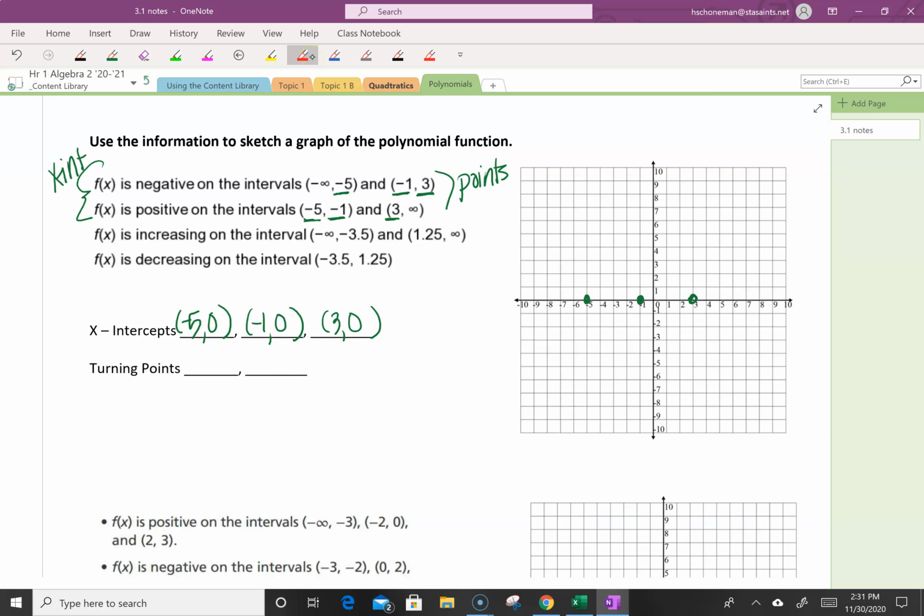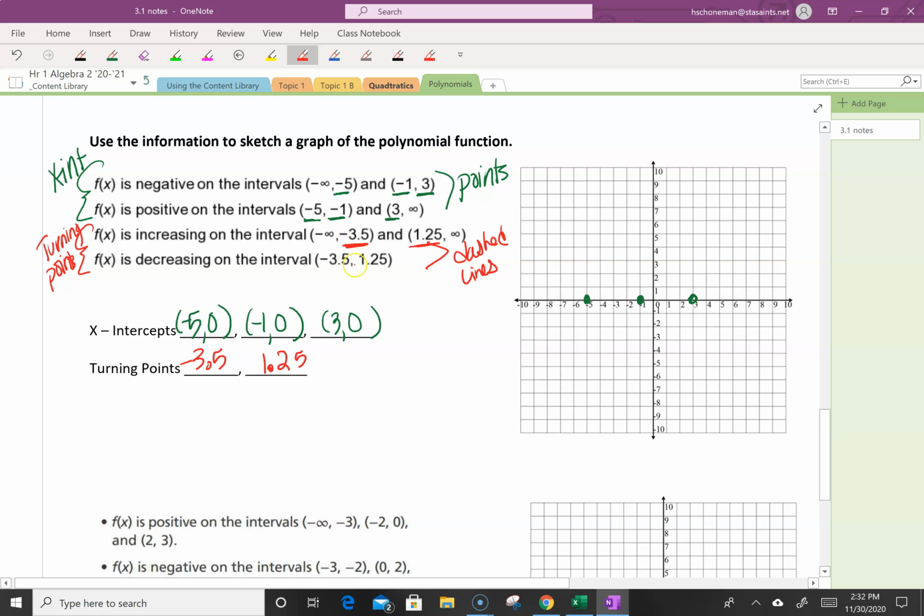Okay, so increasing and decreasing is when it's going up or going down. So at these intervals, it's going to be changing directions. So this is my turning points. And when I graph these, I'm going to graph them as dashed lines. I'm going to use my numbers at -3.5 and 1.25.